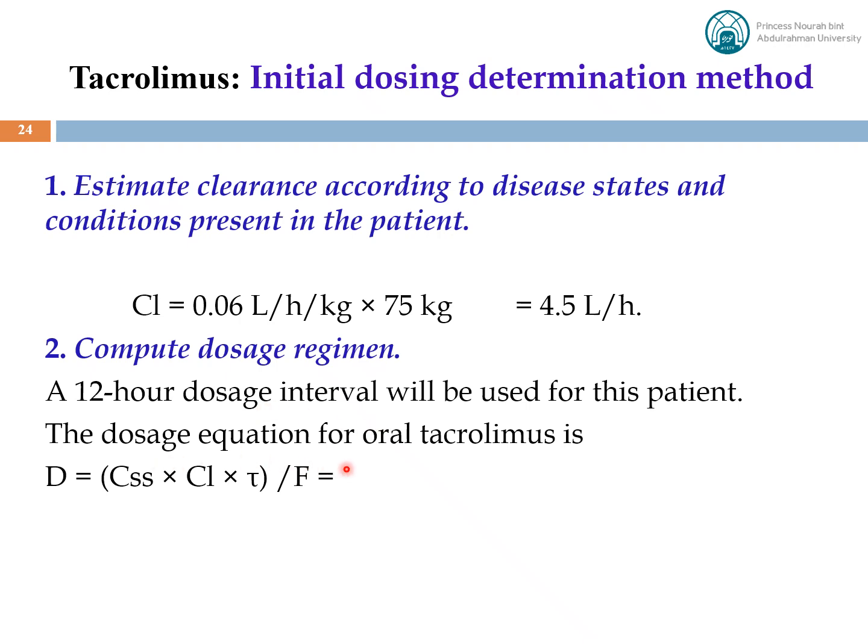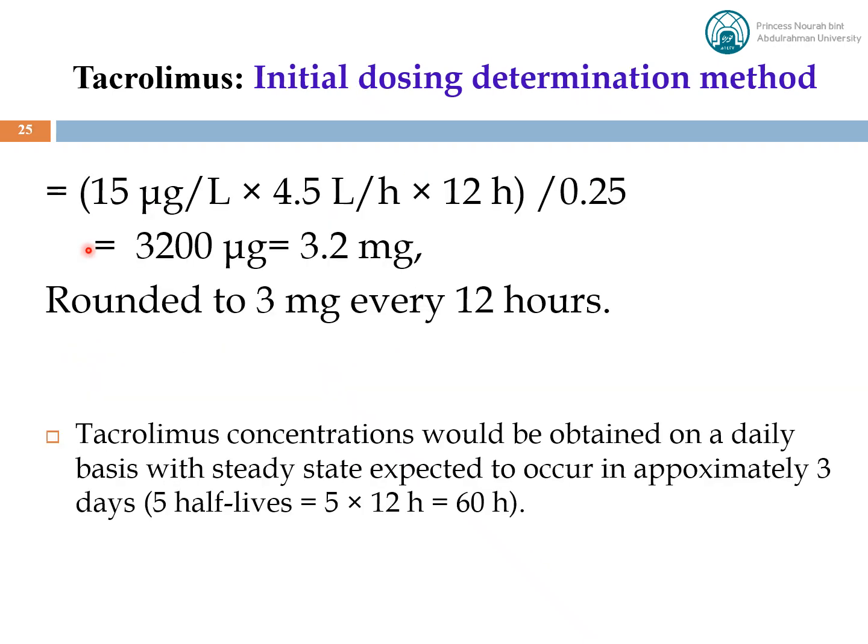The dosage equation for oral tacrolimus is D equals the average steady-state concentration multiplied by the clearance multiplied by tau, over F. Then it will equal 15 micrograms per liter multiplied by 4.5 liters per hour, the clearance, multiplied by tau 12, divided by F 0.25, which equals 3,200 micrograms, which equals 3.2 milligrams, which could be rounded to 3 milligrams every 12 hours.